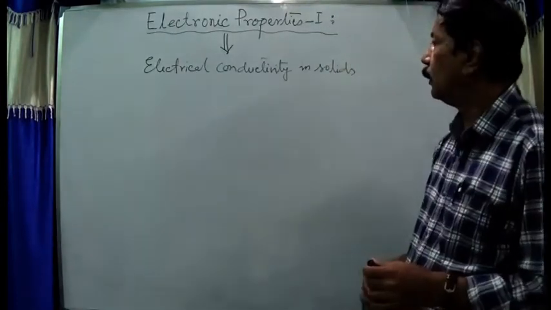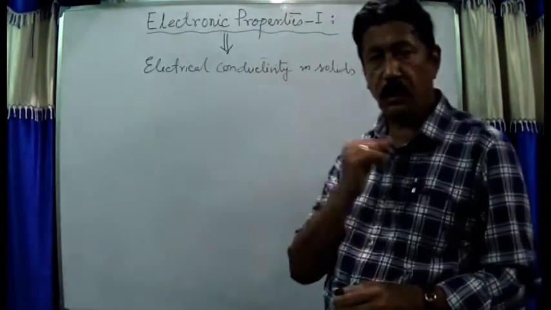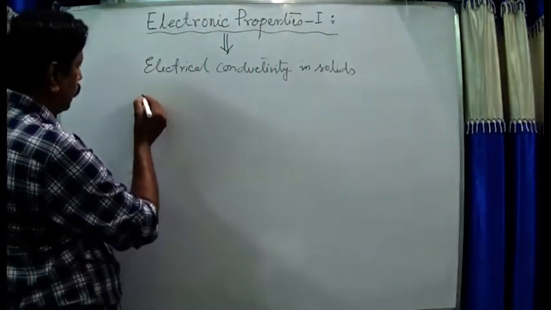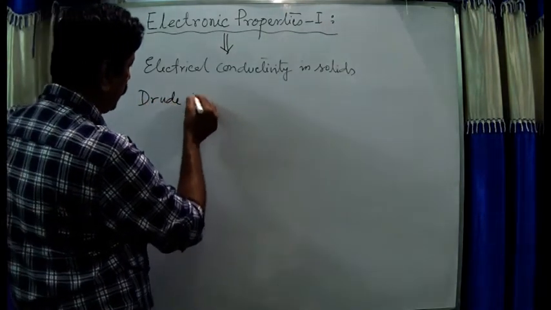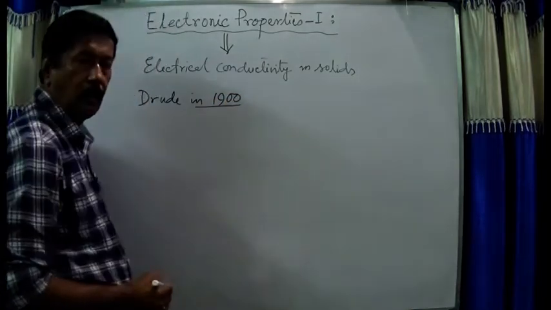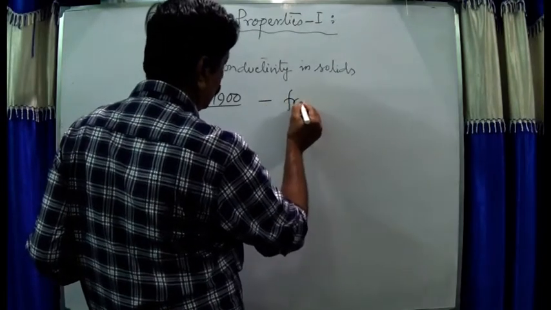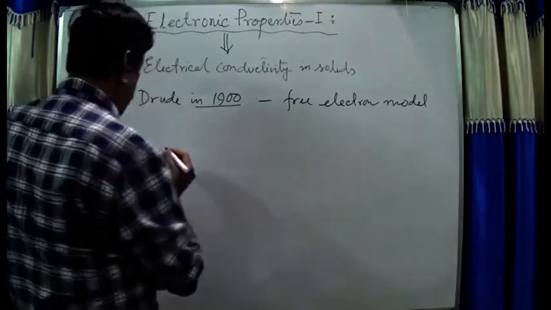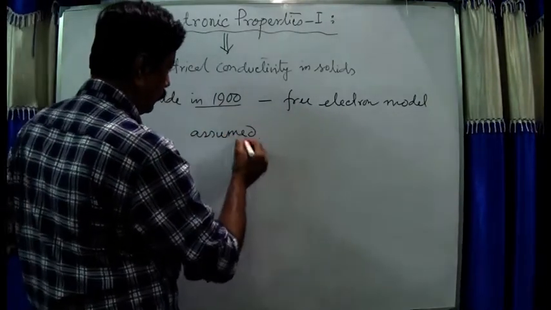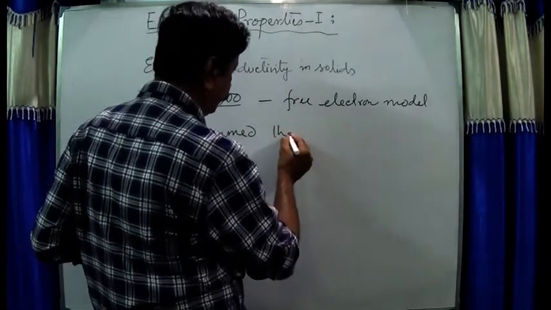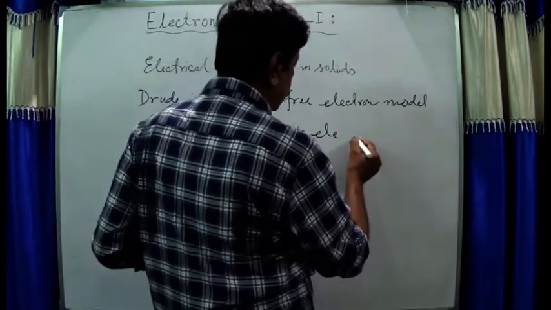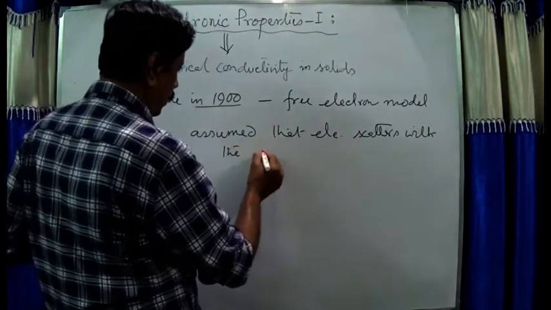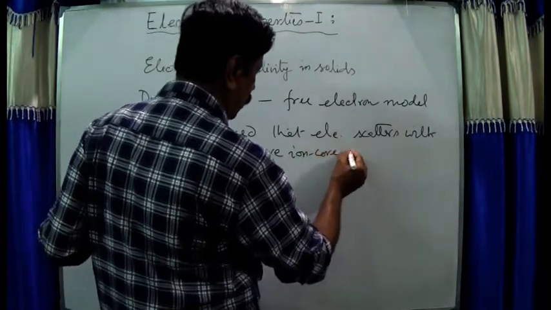Now let us mention or recall one very important fact and finding, that Drude in 1900 with his free electron model assumed that electron scattered with the positive ion core only.